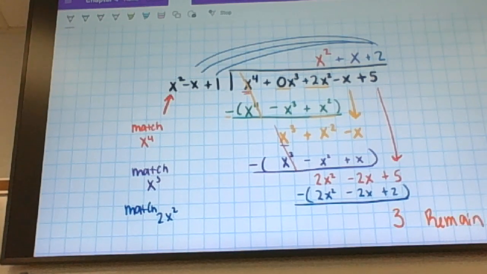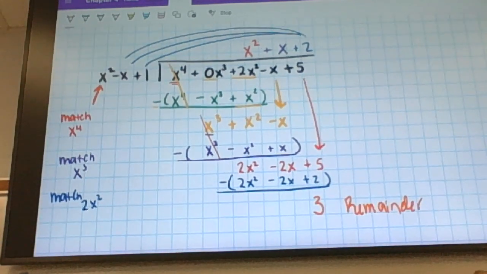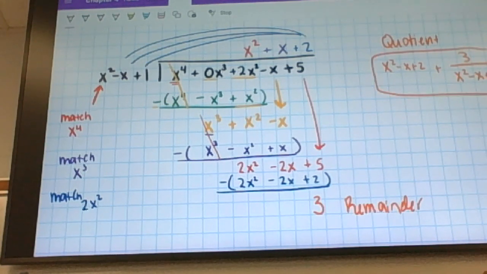And our remainder is 3. A lot of steps. Okay, so what's the quotient? X squared minus x plus 2, plus 3 all over. Nope. Thank you, Ben. There's our answer. And that's a full review.